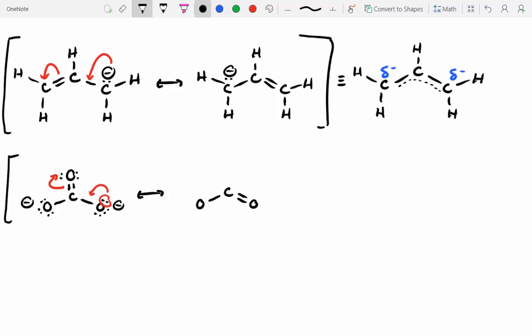Now we've got a double bonded oxygen here. Single bond here. Top oxygen has 3 lone pairs, giving it a negative charge. And this oxygen on the far right only has 2 lone pairs, so now it's neutral. All right, are there any more resonance structures we can draw? Yeah, we can keep on pushing this. So let's move this one down here.